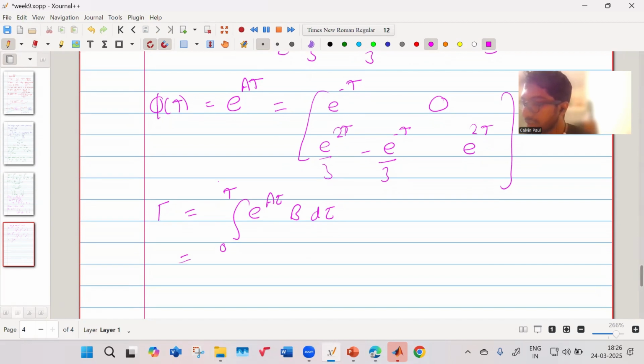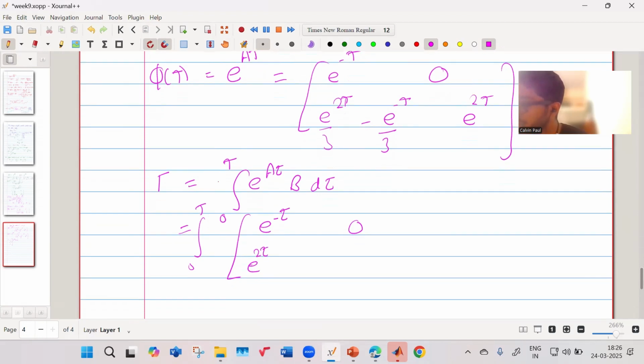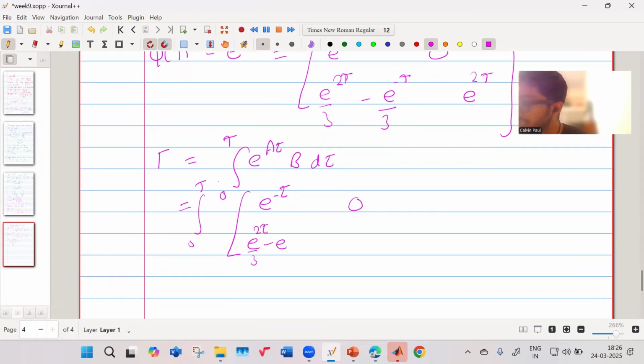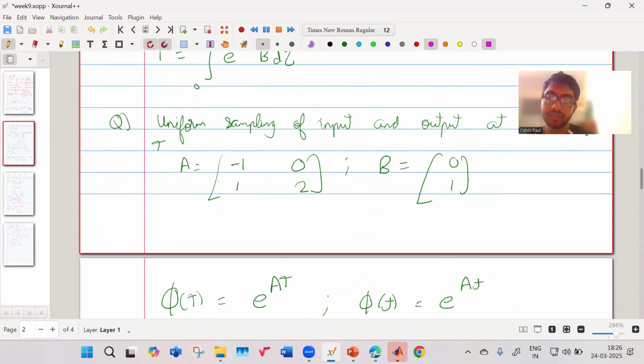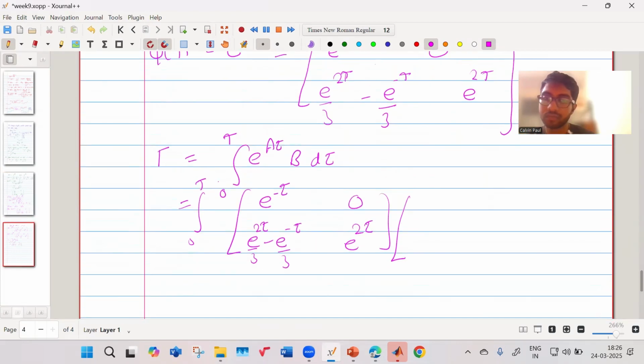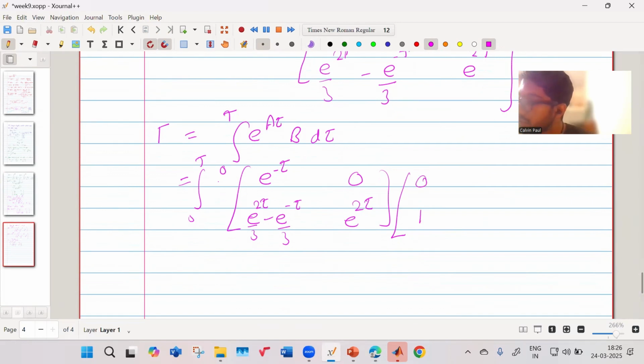So e to the power A tau is e raised to minus tau, 0, e raised to 2 tau upon 3 minus e to the power minus tau upon 3, and e to the power 2 tau. And what is B? B is 0, 1.